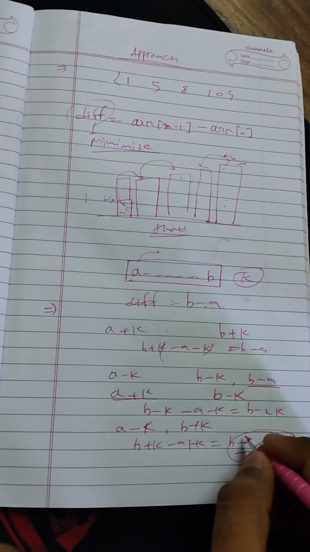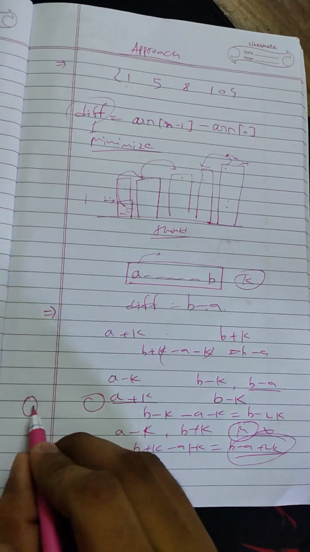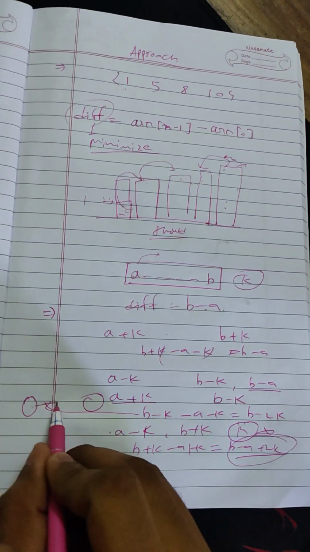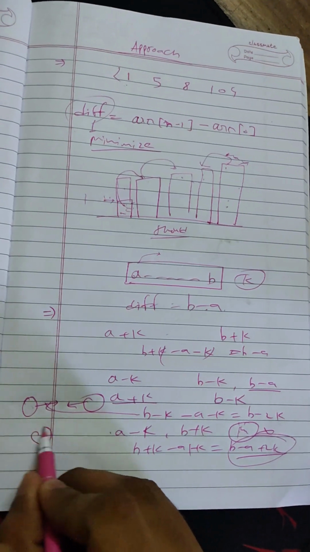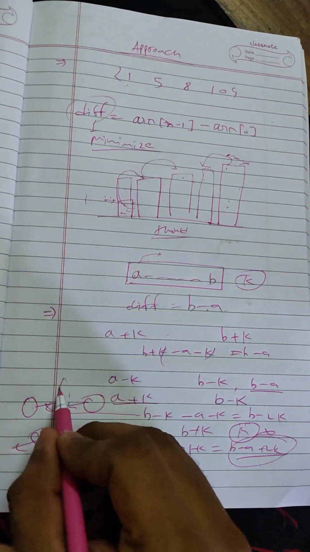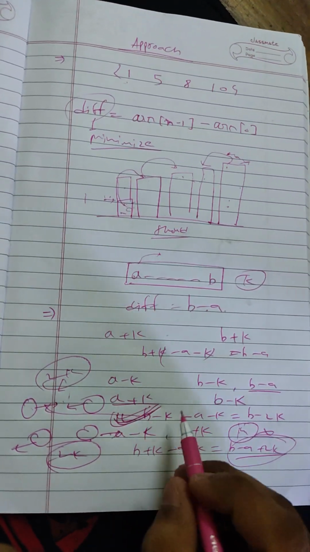So the distance increases by 2k, and that we do not want, because in the first case the difference is reduced as the two approach each other, but in this case they move apart and the difference is increased by 2k. So this is the observation we have made.